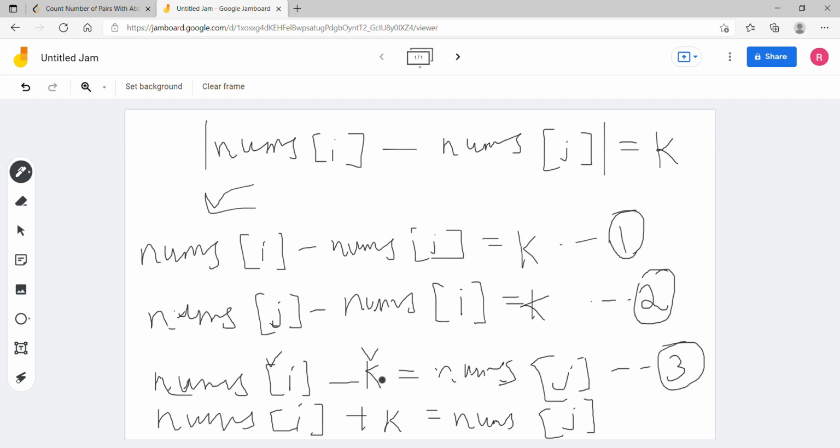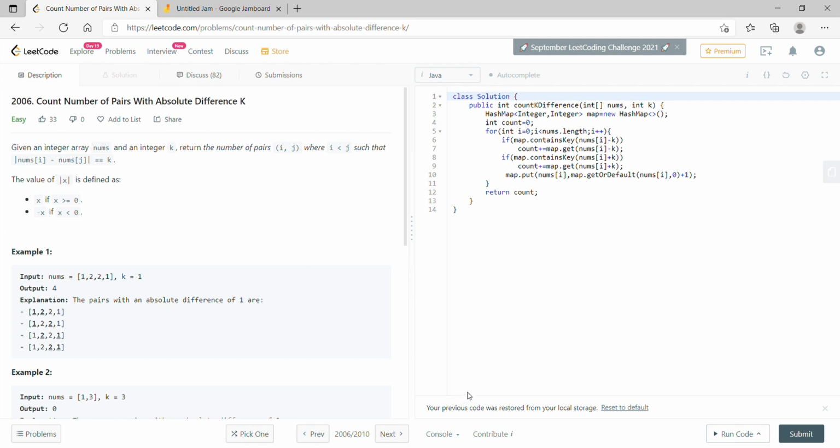So obviously if nums i minus k is present in your map, that means this element nums j should form a pair with nums i, and this should be included in the pair. Okay, so in this way we are doing it, and at the end we will just put this element in the map. So let us see the code.